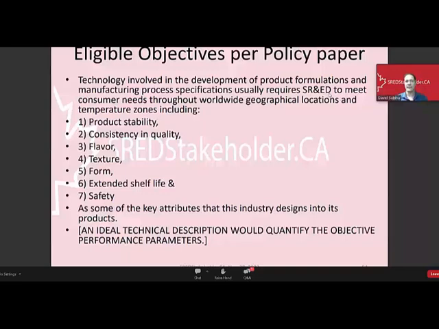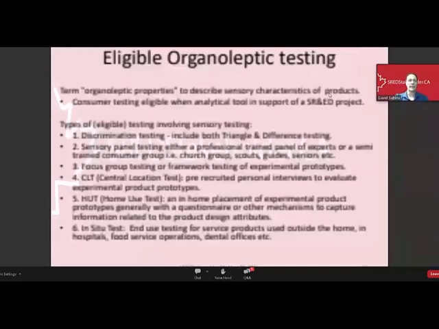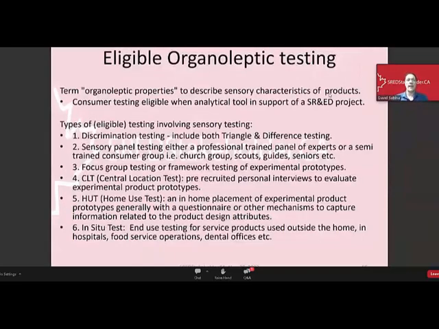Product stability, consistency, flavor, texture, form, shelf life, safety, all of which would be often quantifiable, so they could provide our quantifiable objectives that we can use for our systematic investigation. They then differentiate between eligible types of testing, what they call organoleptic testing, where they have skilled taste testers.